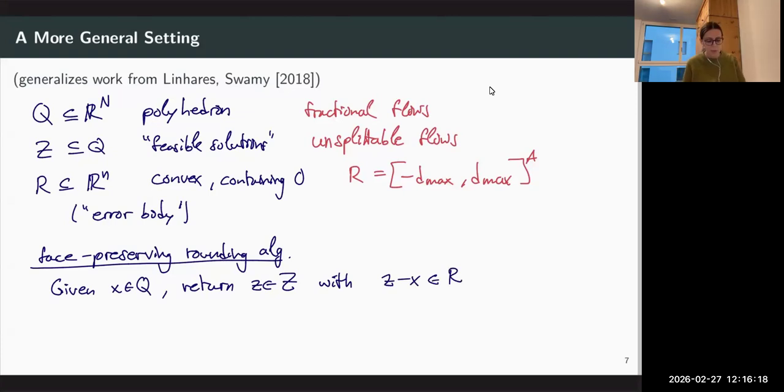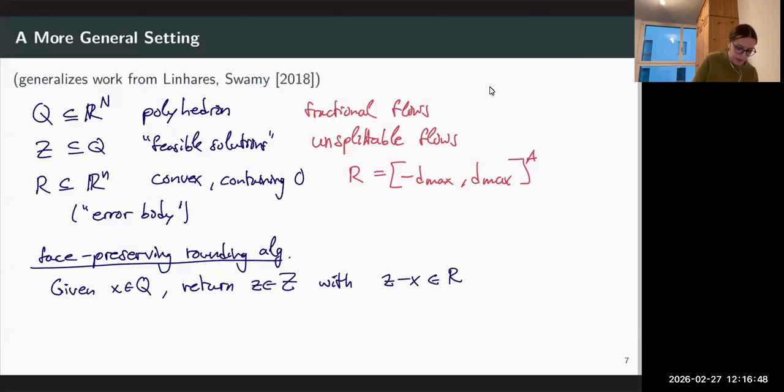In our case, this means that if I look at the difference between my unsplittable flow and my given fractional flow, it is not too large because it should be inside R. In fact, conjecture 2 is promising exactly an oracle for this.